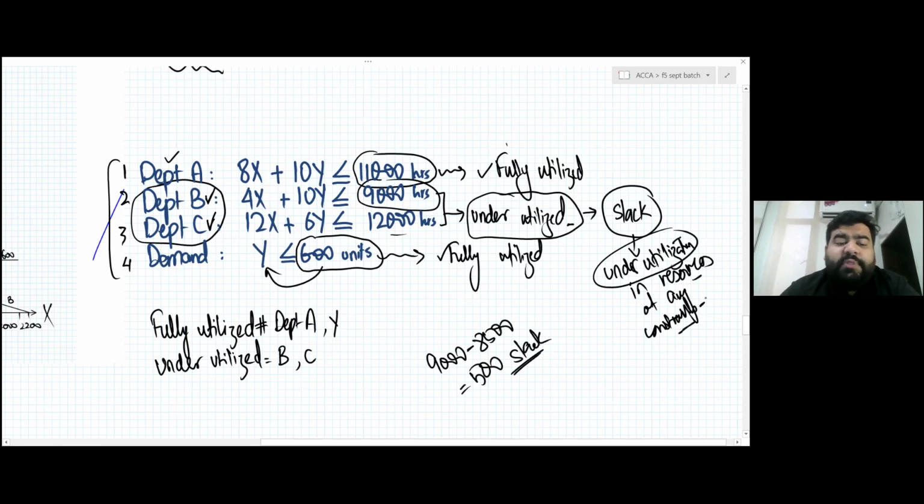If I ask whether there is any slack in department A and Y, you will say no, because their resources are completely used. For B and C, you can say there is slack because they are underutilized. So always remember, slack exists only for constraints that are underutilized. For fully utilized resources, there is no slack.